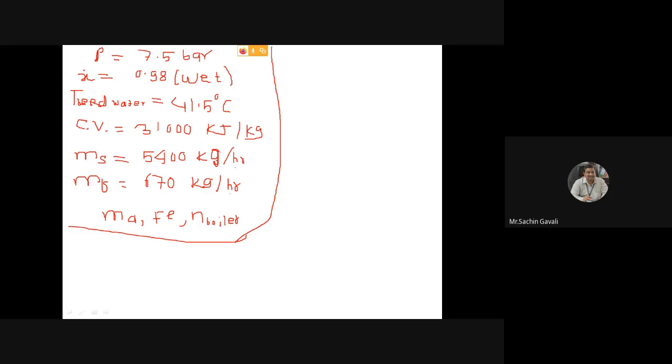Then first formula, equivalent evaporation.